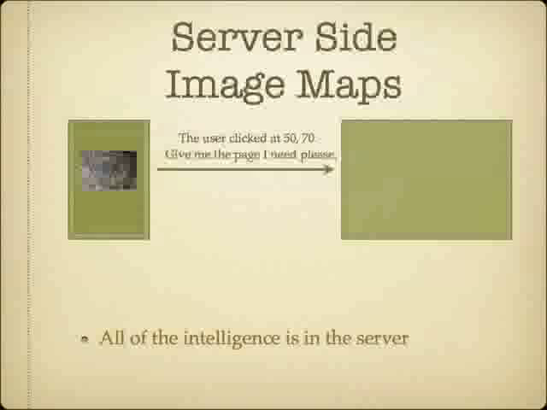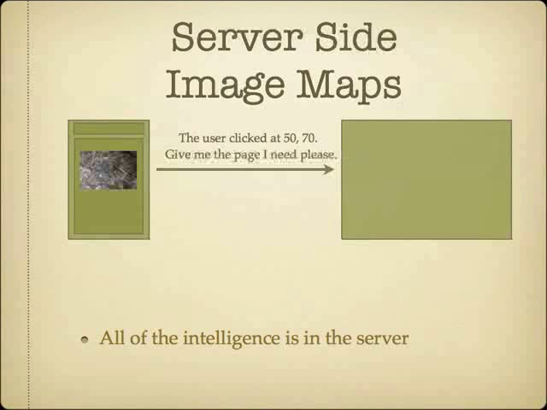Now there are 2 kinds of image maps. There are server-side image maps and client-side image maps. With the server-side image map, what happens is that when the user clicks on the image, the browser figures out what point on the image they clicked on, and it sends those coordinates back to the web server. The web server looks at those coordinates to see if they fall into a hotspot.